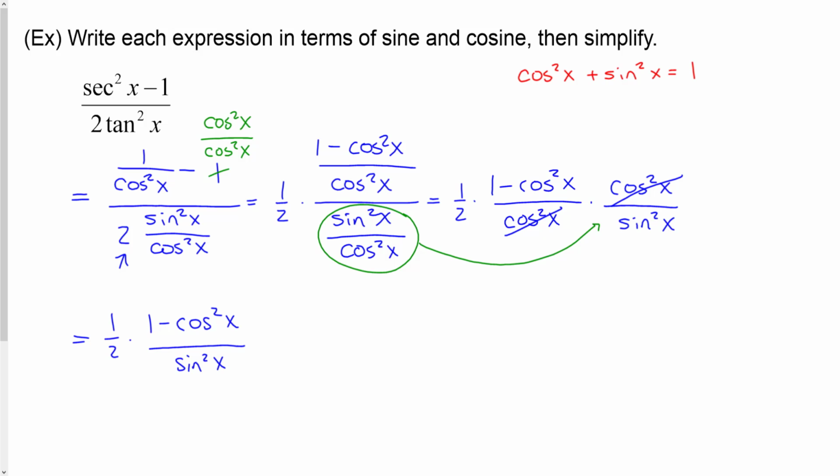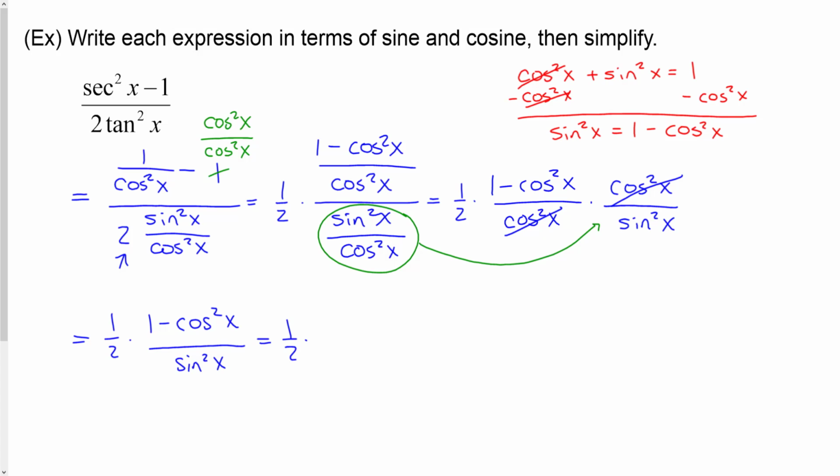So let's subtract cosine squared from both sides of this equation. It cancels over here, and I'm left with sine squared x equals 1 minus cosine squared x. That is another form of the Pythagorean identity, which means I can substitute sine squared x in for 1 minus cosine squared.